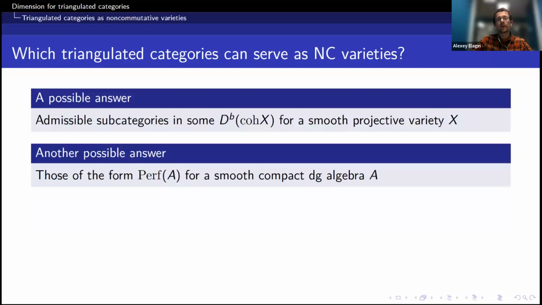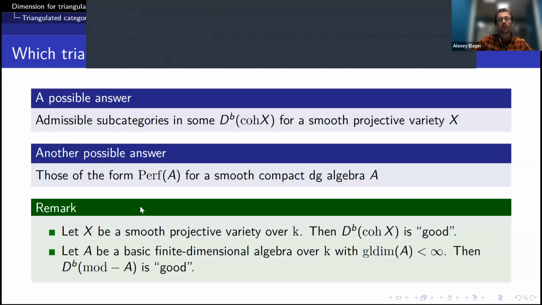Another way to say what a good triangulated category is, is to say that it is a category having the form of perfect complexes over some smooth and compact DG algebra. The reason for the second answer is that both types of triangulated categories that we like are good in both senses.